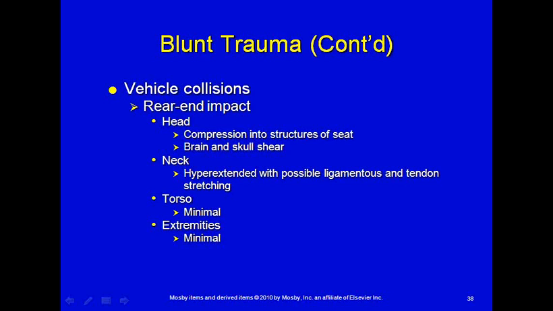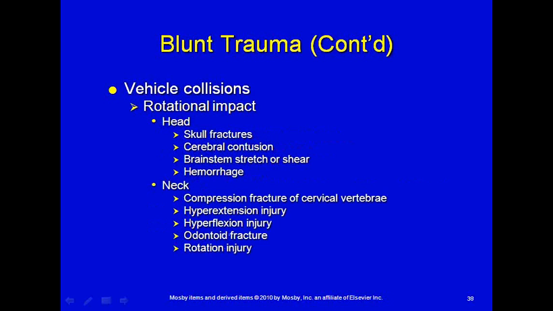So hyperextension injury with possible ligament and tendon tears and stretches, minimal injury to the torso, minimal injuries to the extremity, unless the vehicle shoots forward and then hits something head on. Then you have both a rear impact and a frontal impact.